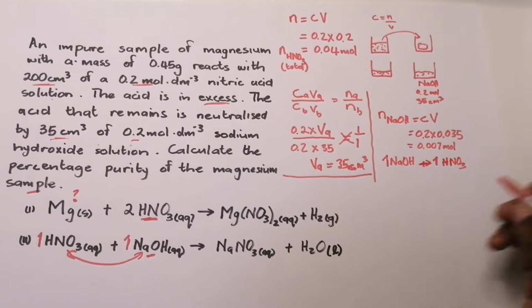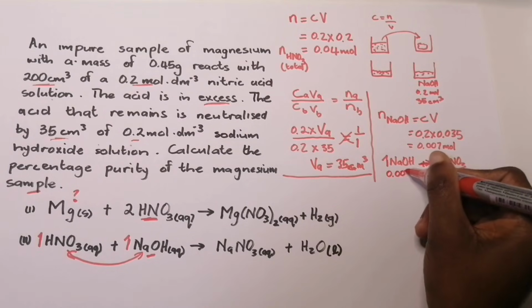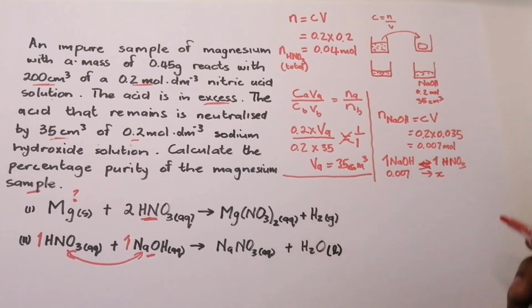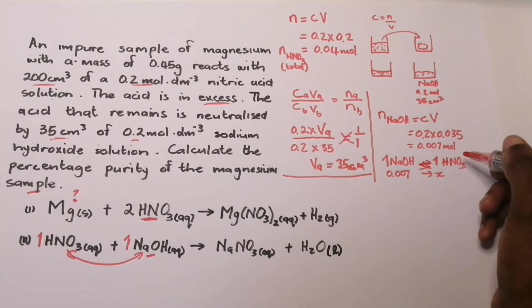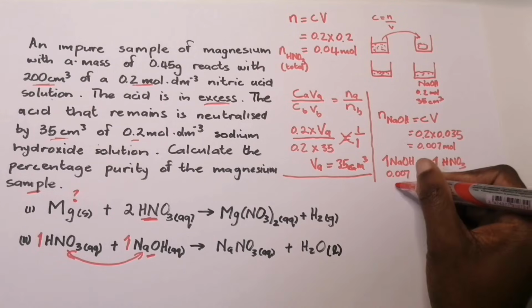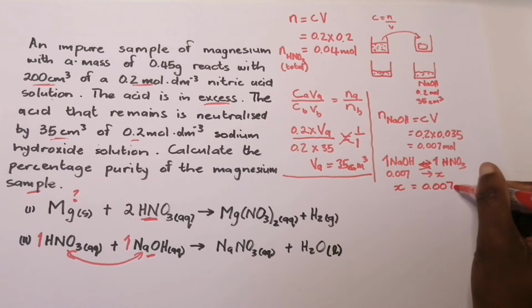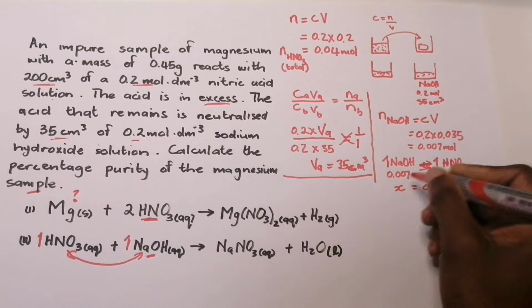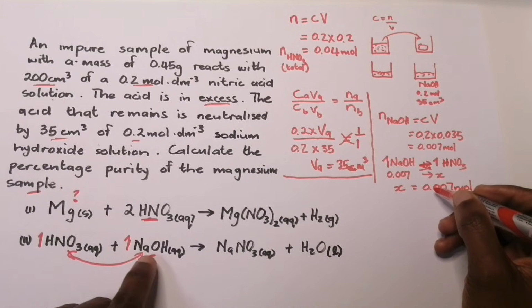If I use 0.007 of sodium hydroxide, how much acid am I going to use? I'm sure you can see this by now, ladies and gents, that it will be the same amount. For every 1, there's 1. For 10, there's 10. But you can also use stoichiometry, and that will give us 0.007 moles. Now what are these? These are the number of moles of nitric acid that reacted in that reaction.